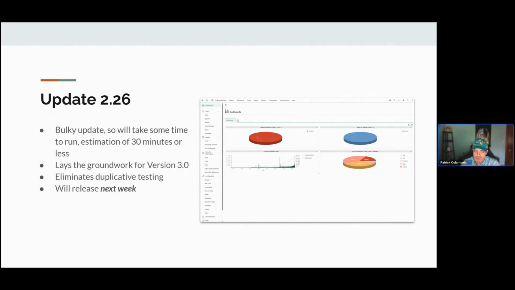We don't want too many moving pieces at once, which again is one of the reasons why we had this intermediate, yet again, another intermediate update, so that we don't have too many moving pieces causing issues, and then having to do a hot fix and then a small update later. We want to get it right the first time.